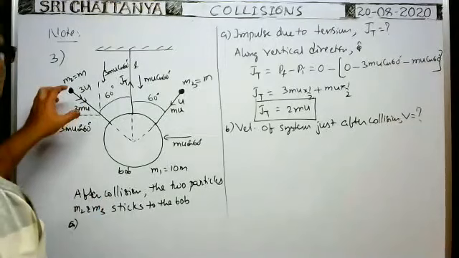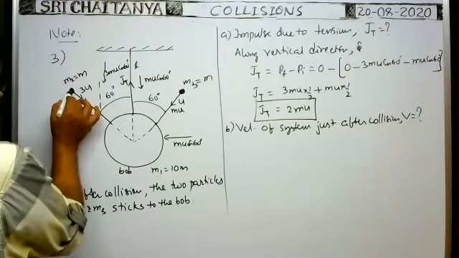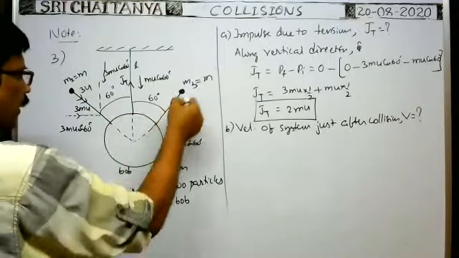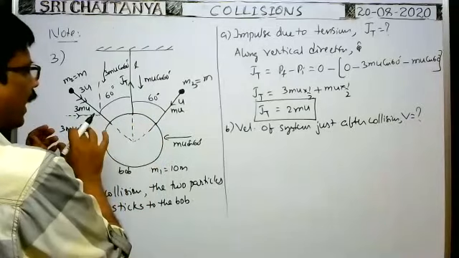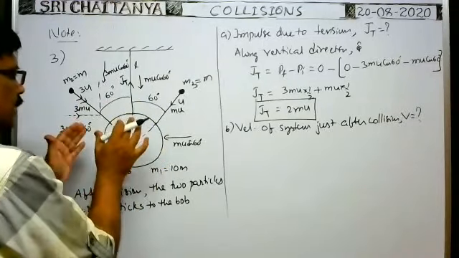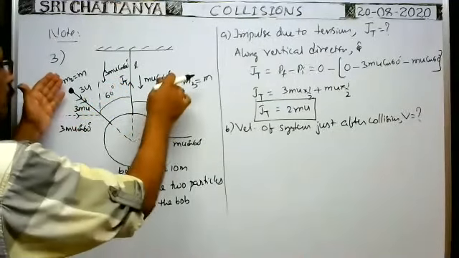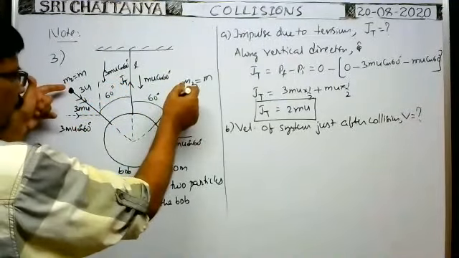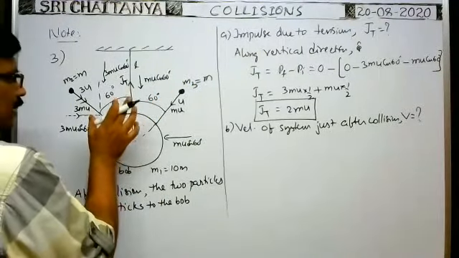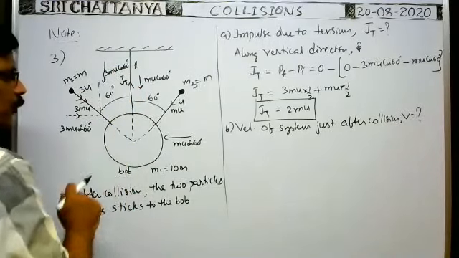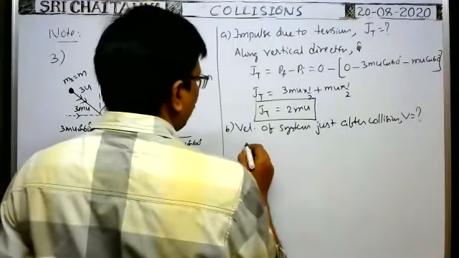Here whenever the collision takes place, the impulse is received by this sphere, this particle and this particle along this direction. Their components act along this direction. Due to that only, along horizontal direction, impulse is received by the sphere due to reaction, due to forces with which they collide. That means the impulse is received by the system because of internal force only, not external force. That's why along the horizontal direction we can apply law of conservation of linear momentum, no?